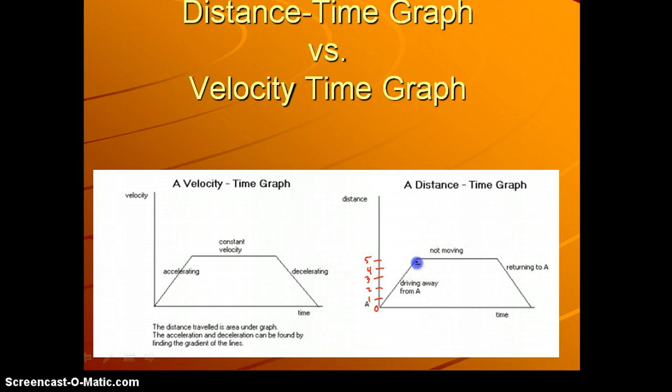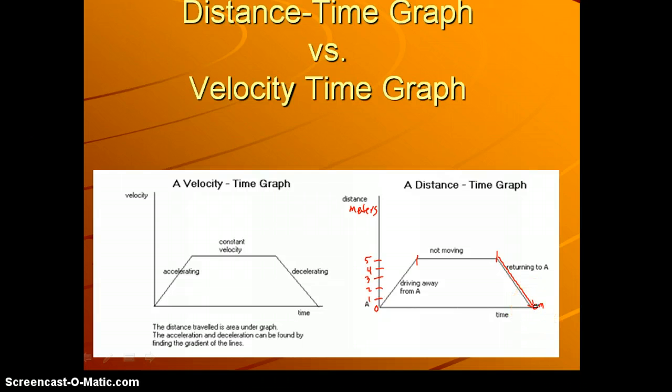In this case, the object has decided to stop moving. It's staying at 5 meters. It's not moving any further than that at that point. And then here, when it comes back down, since it's distance time graph, it's taking that same path right back to point A. At this point, we are at 0 meters again, and so our displacement would actually be 0 at this point.